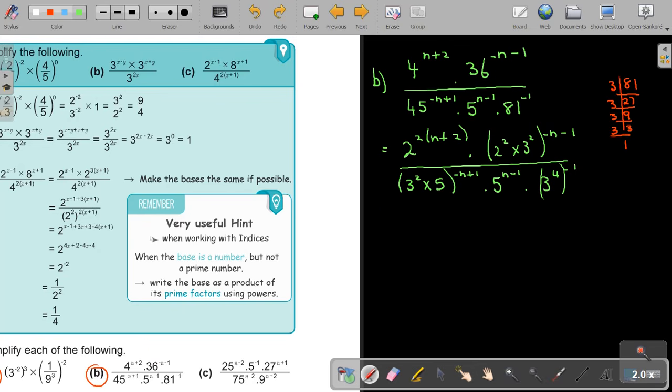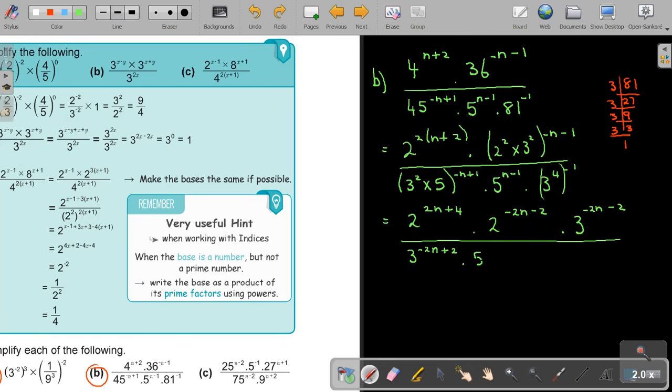So now I just simplify the bracket. So 2n plus 4. This will be negative 2n minus 2. This will be 3, negative 2n plus 2.